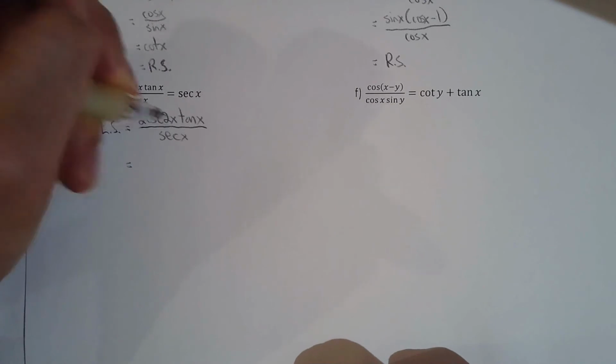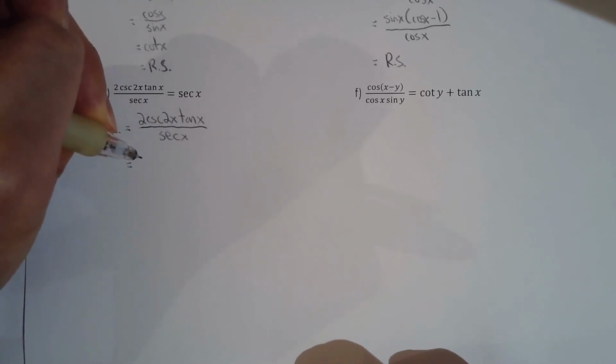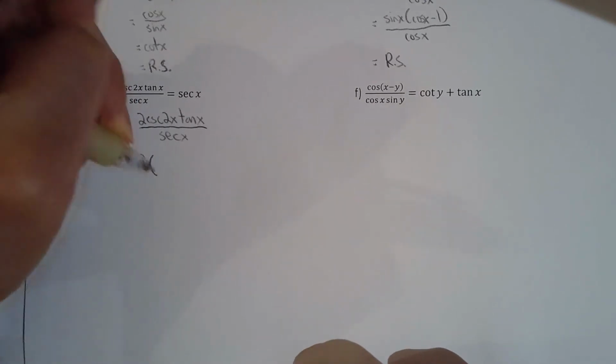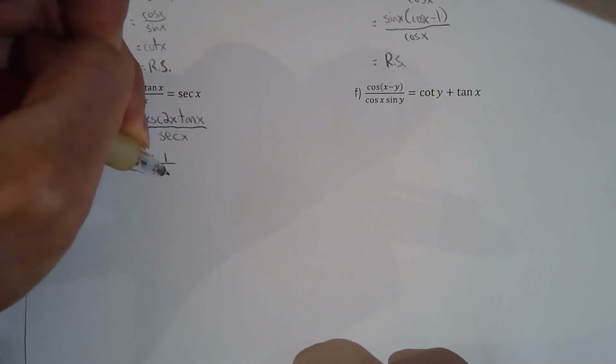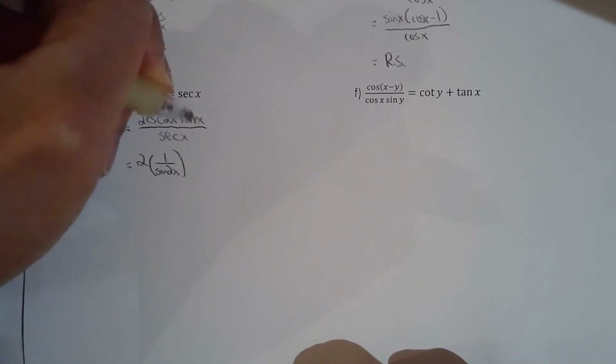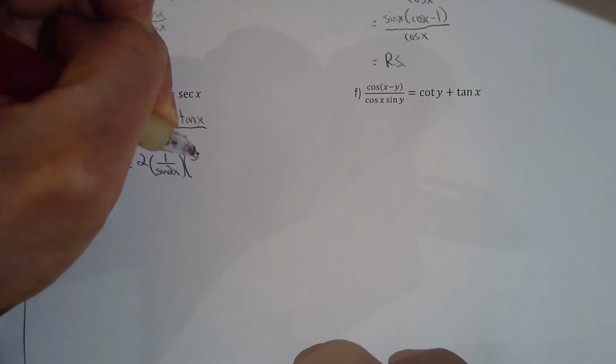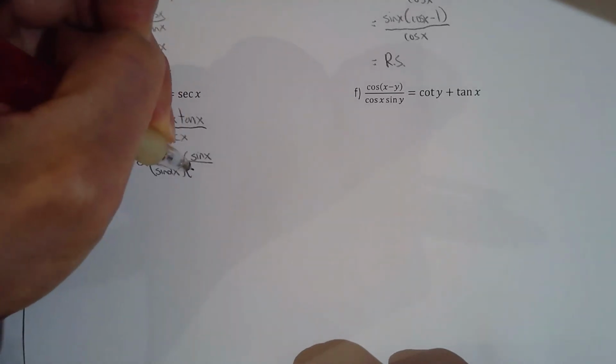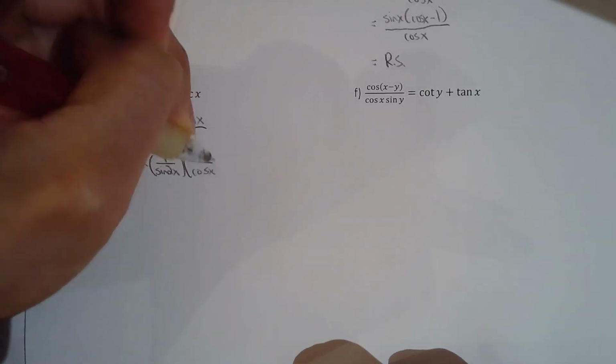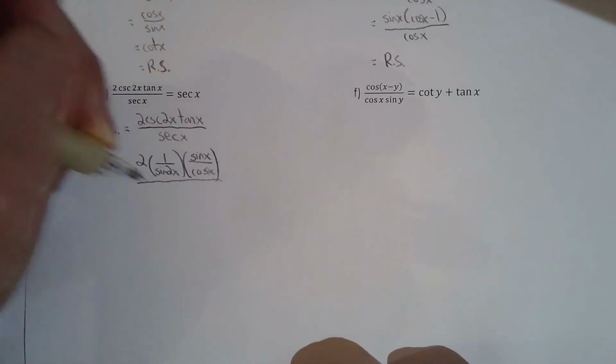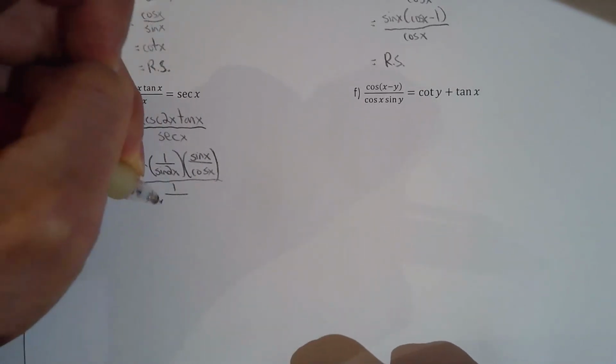So cosecant 2x is 1 over sine 2x. Tan x is sine x over cos x. And secant x is 1 over cos x.